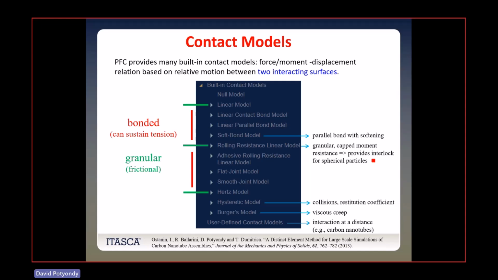So in 2010, this professor from Minnesota came to talk to me and said, could we model carbon nanotube interactions with PFC? And I said, yeah, of course we can. And he was like, no way, how could you do it? And I said, here's what you could do.